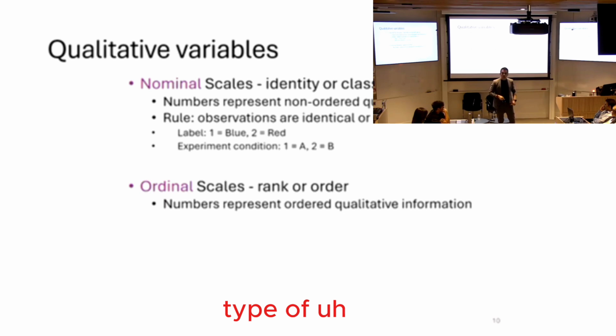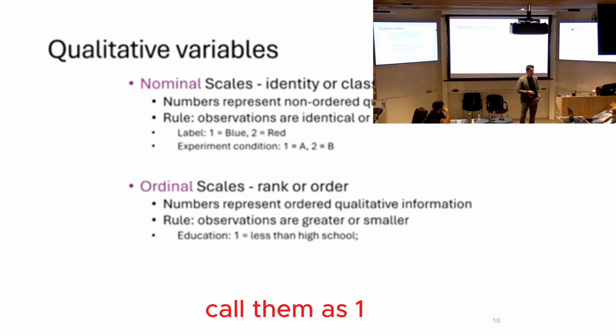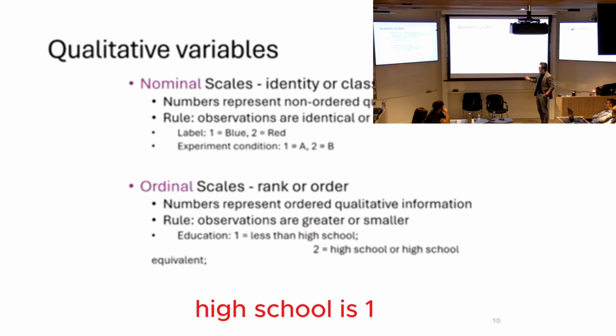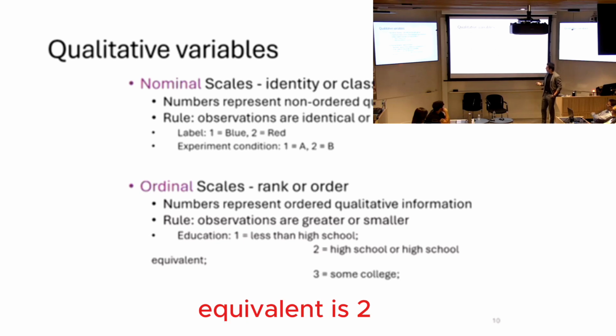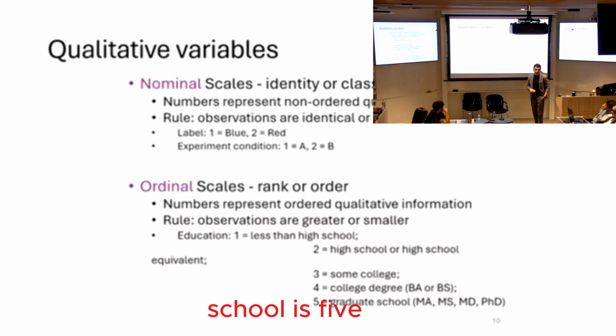When you ask those, you think, okay, I can code them as 1, 2, 3, 4. For education, less than high school is 1, high school or equivalent is 2, some college is 3, college degree is 4, and graduate school is 5. Okay?